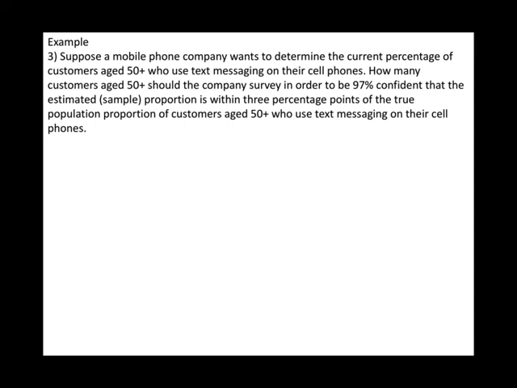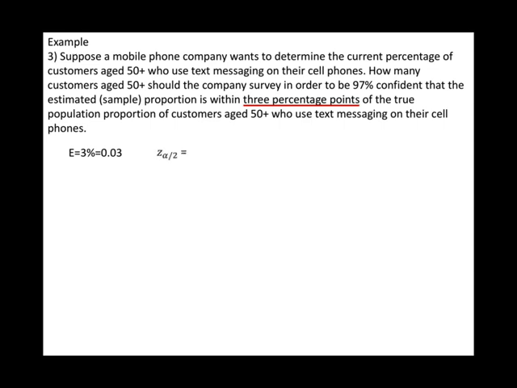So what is the margin of error? What's E equal to? You can see here, 97% confident that the estimated proportion is within 3 percentage points. Highlight this one. This is talking about the margin of error, which is going to be equal to 3%, which is going to be 0.03.